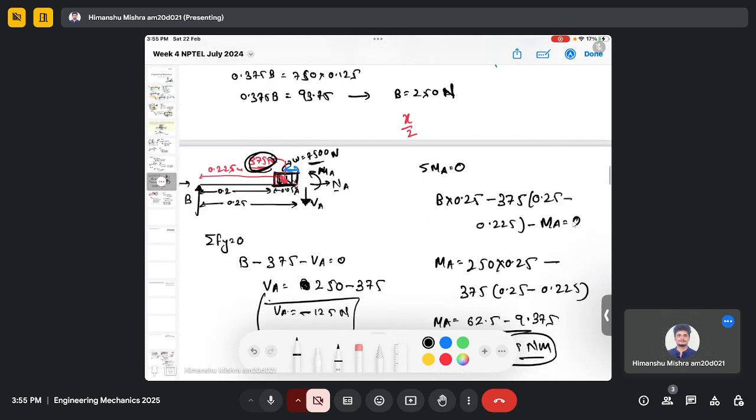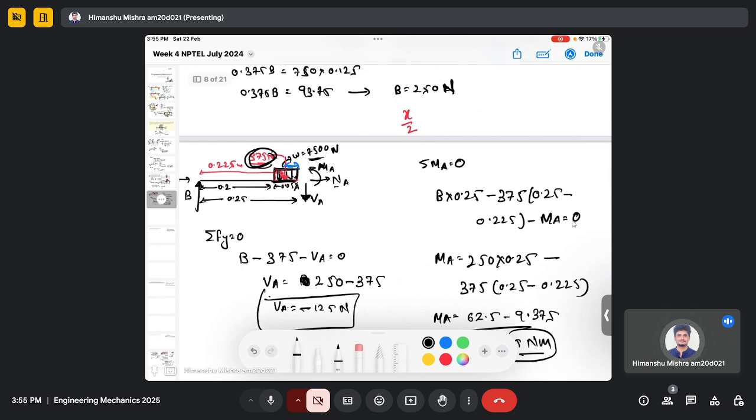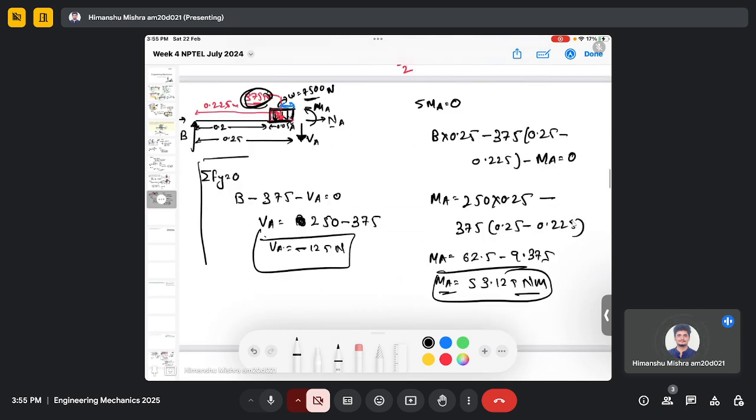So once we found the equivalent point load, we repeat the analysis by doing the force and moment balance calculation. When we do the force balance, we got the force at point A, which is minus 125 Newton. So basically our assumed direction was incorrect. It should be in the upside direction. And when we do the moment balance, we found the moment is 53.125 Newton meter.